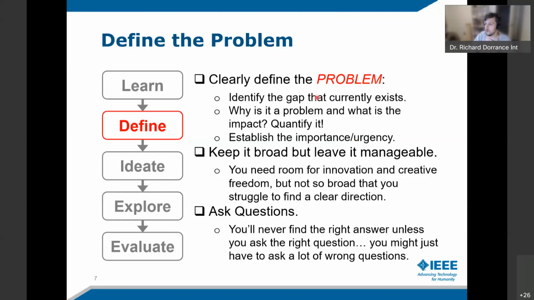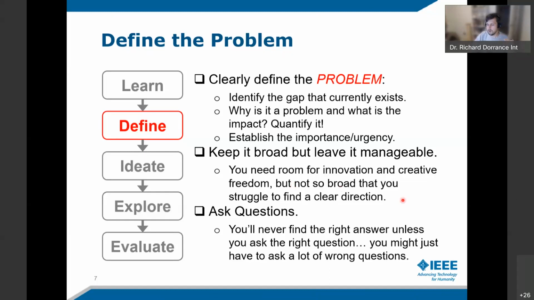Now, when you define this problem, you'd like to keep it broad, but you also want to leave it manageable. Because if you define the problem as too broad, it's going to be all-consuming, and you're going to struggle to find a clear direction to actually tackle that problem.